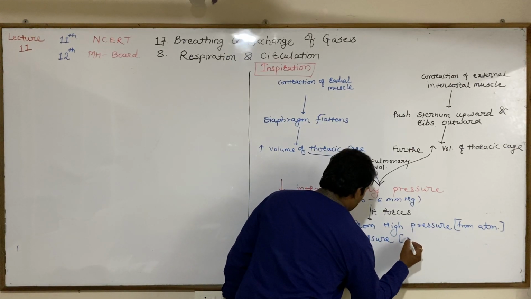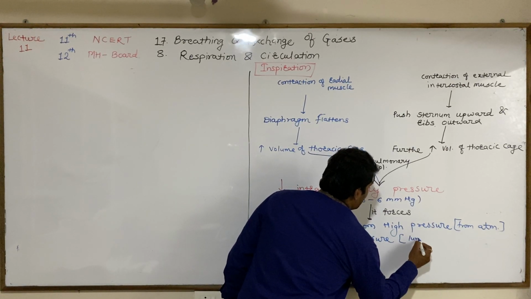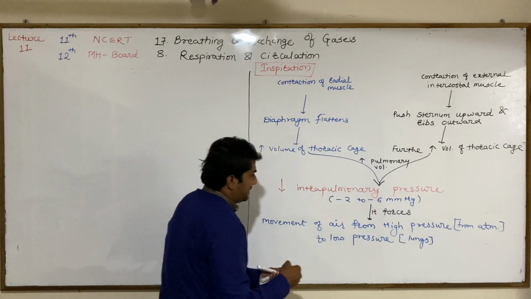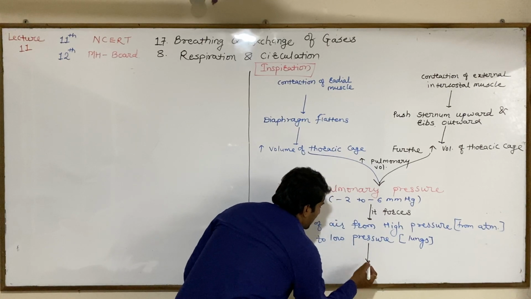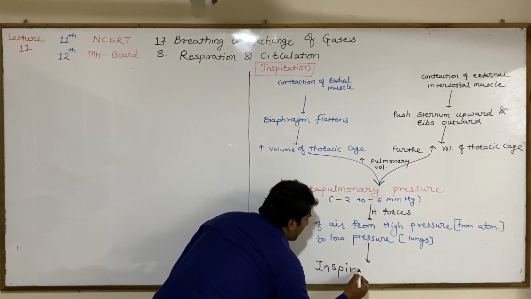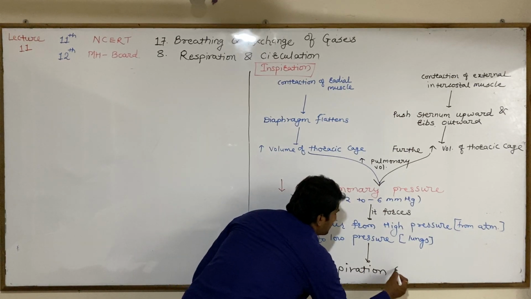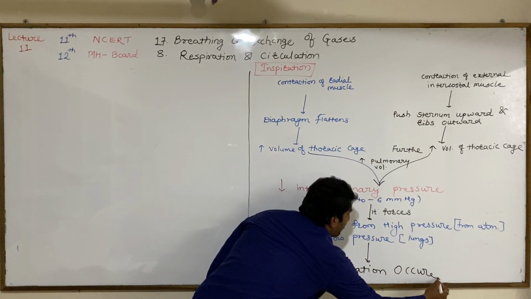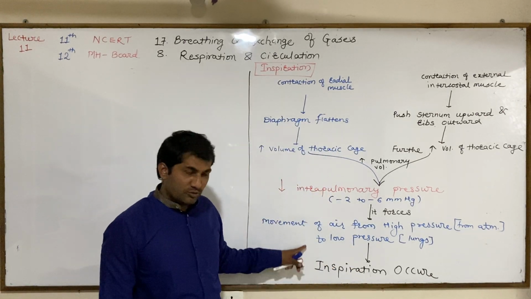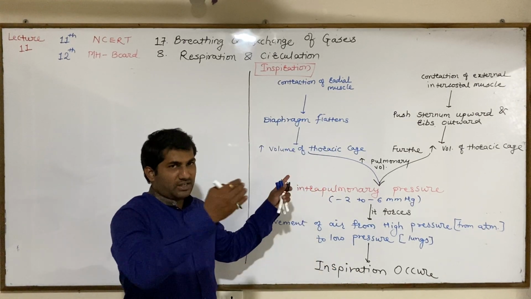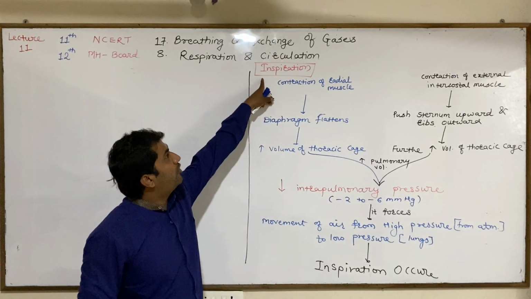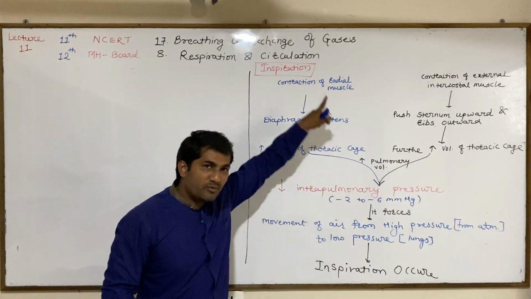That is to lungs, and it is nothing but inspiration or inhalation, which occurs when air from outside rushes to the inside. When air from outside goes inside, that is called as inspiration. This is all about inspiration. This is the mechanism of inspiration.